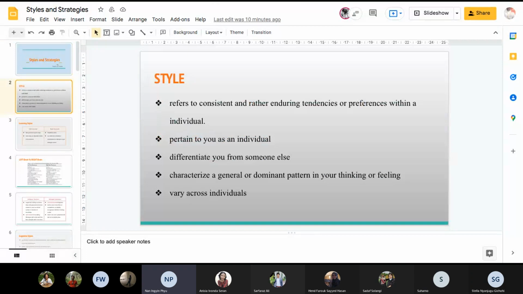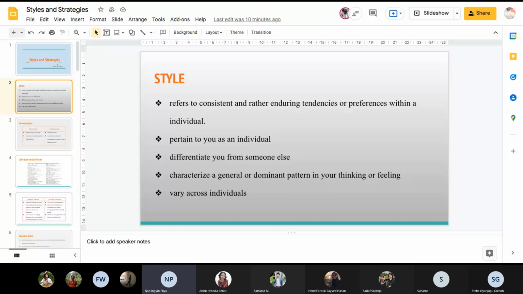Yes, so for today, we're going to present about style and strategy, the learning style and learning strategy. For the very first part, style, I'm going to present, and for the next part, the strategy, Stella will present it. So now let me start with the style. What is style? Everyone has their own distinct style, because there is consistency, an enduring tendency, and preference based on the individual.